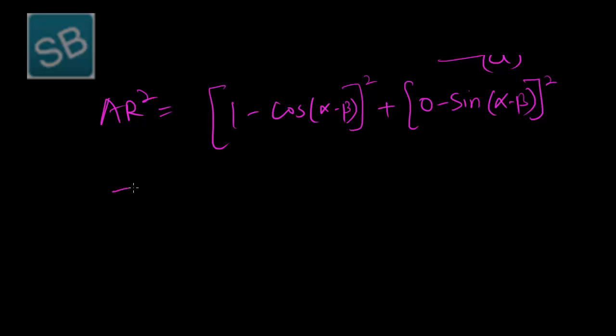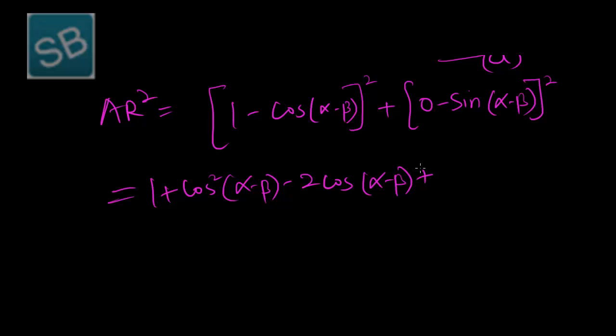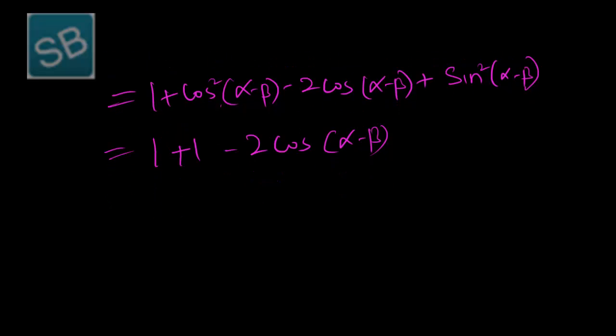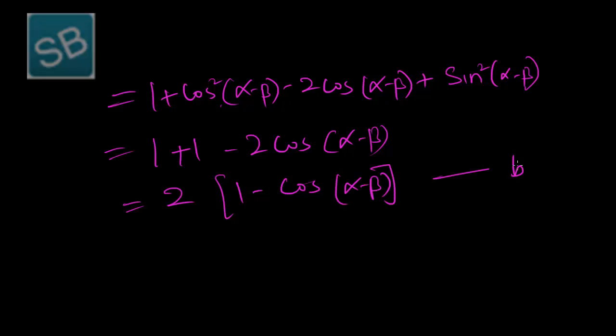That again gives a square plus b square minus 2ab, plus sin square of alpha minus beta. So from here we have cos square plus sin square, then 1 plus 1 minus 2 cos of alpha minus beta. From here we get 2 common, 1 minus cos of alpha minus beta. So this is number B.